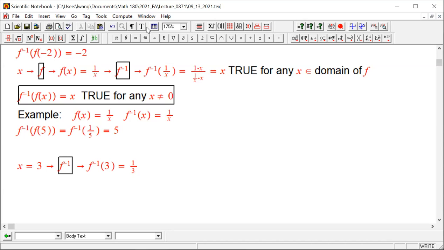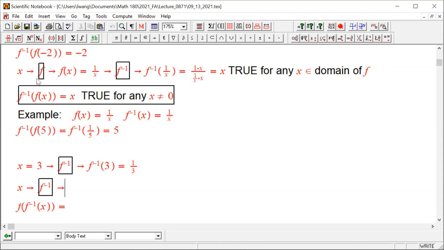Now, suppose I give you f of f inverse of x. What would that be? From inside out, I give it x, and the function applied to it is f inverse, because we always do it from inside out.